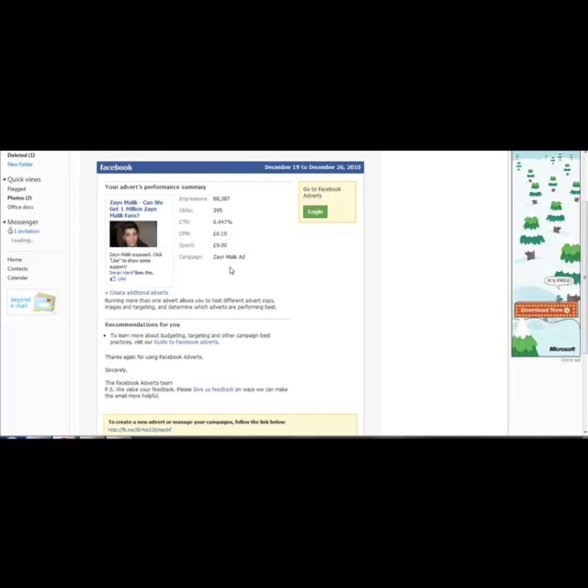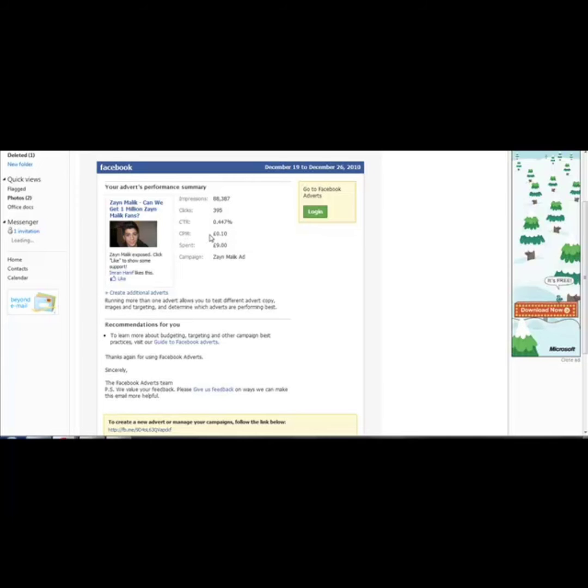Okay, and basically here you can see the impressions I've received so far for this campaign. I received 88,387 impressions, 395 clicks. CTR is the click-through rate, which was 0.447%. I don't really pay attention to this unless I'm getting a lot of clicks.